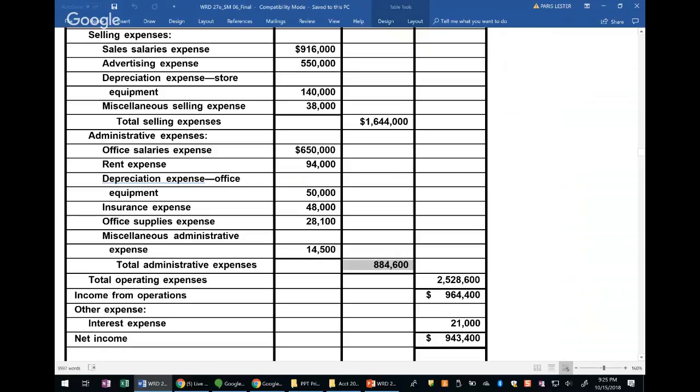And cut it down a lot, wouldn't it? You would not have to write all these expenses. And remember, you add interest, subtract interest expense. But if I had other income, like interest income, I'd add it, wouldn't I? All right, so that brings us up to date with perpetual. Please finish your Cengage.